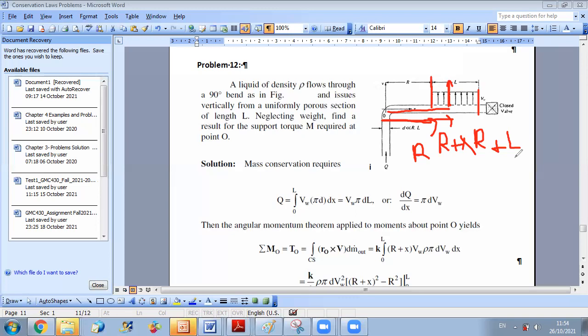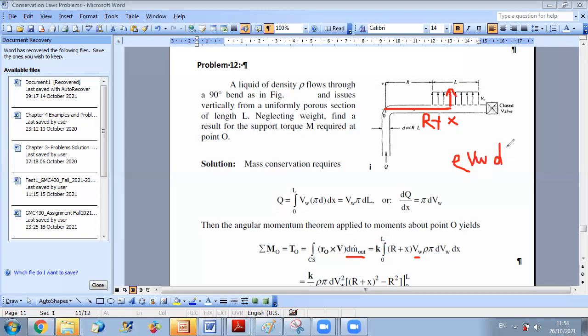So now I can write that r vectorial v can be replaced by the following. r is r plus x. For any element, v is constant. So for any point I consider, I have the same velocity vw, while what is varying is just the distance to O. So in general, for any section x, the distance is r plus x, the velocity is vw, and the elementary dm dot out is equal to rho times vw times dA.